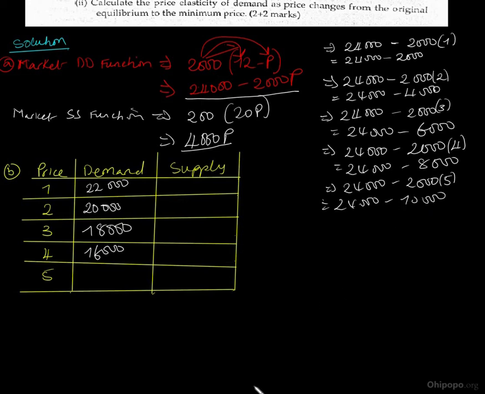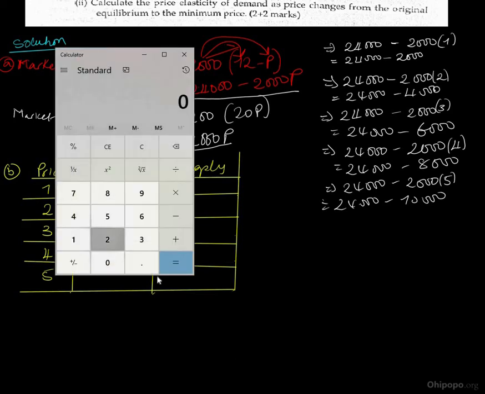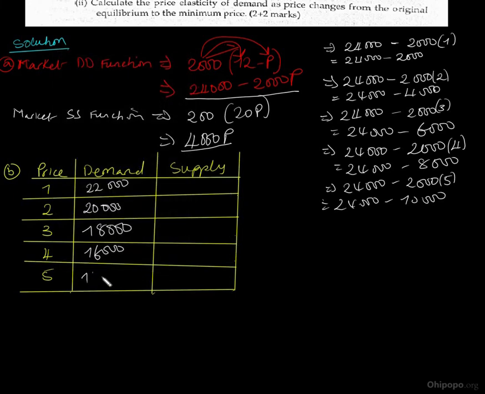If you punch your calculator, we now subtract 24,000 minus 10,000, which is equal to 14,000. So here we now have 14,000. So we have constructed a demand schedule based on the function.